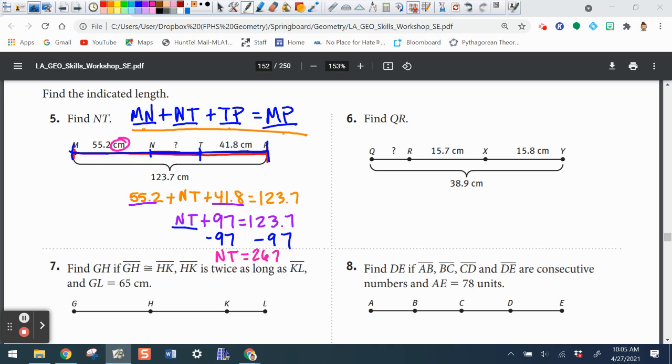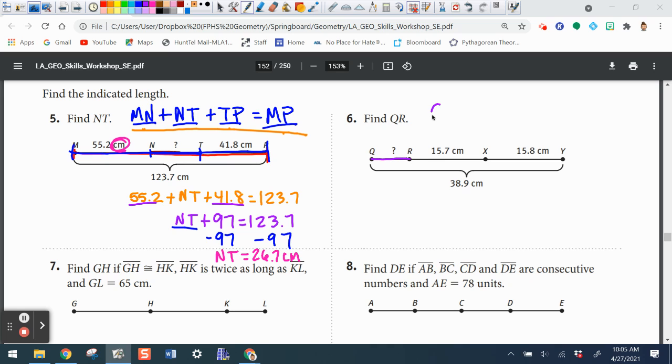And because we actually do have a unit of measure here, I'm going to encourage you to put that unit of measure: 26.7 centimeters.